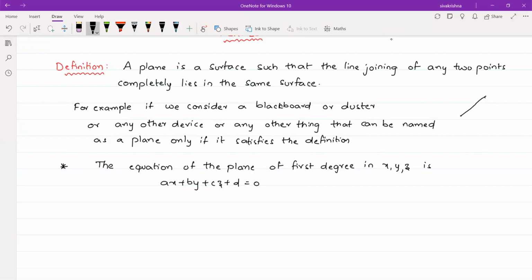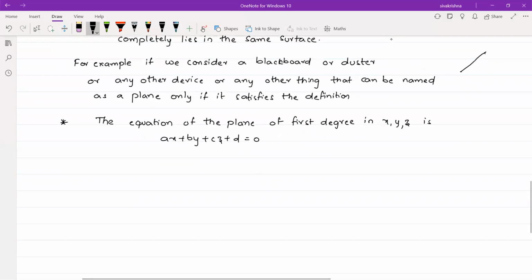We call this equation the equation of the plane of first degree in x, y, z variables.